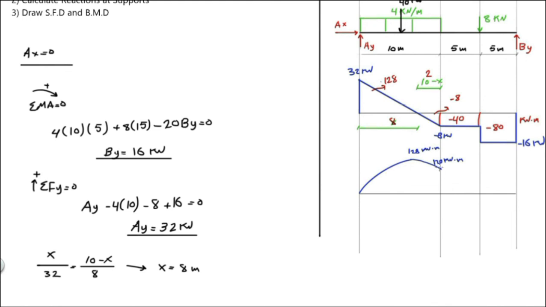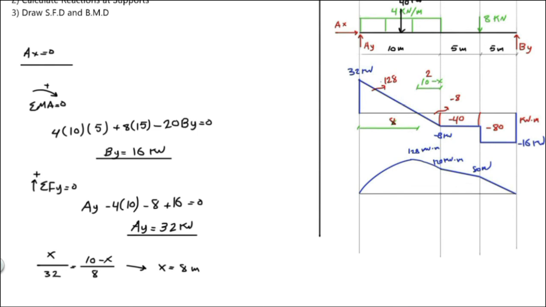So we will go 120 minus 40, which gives us 80 kilonewton meter. And here there is another rectangle with the area of minus 80. So finally, we have a line here going to the zero.